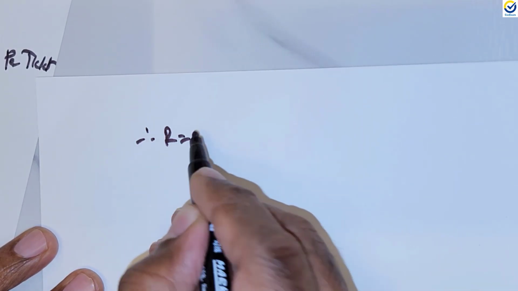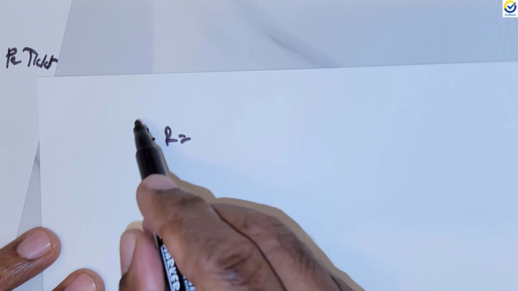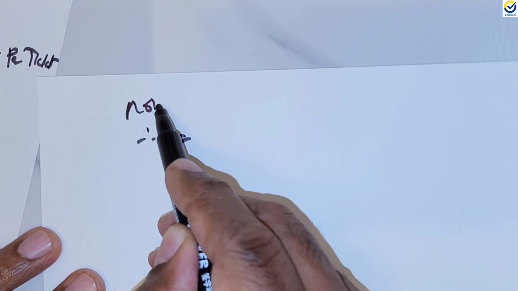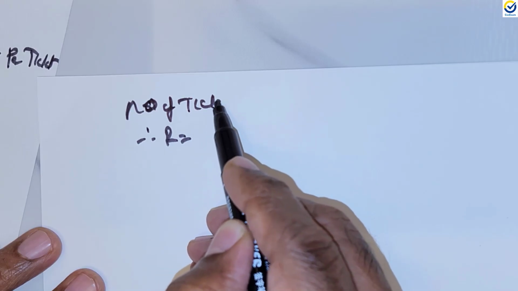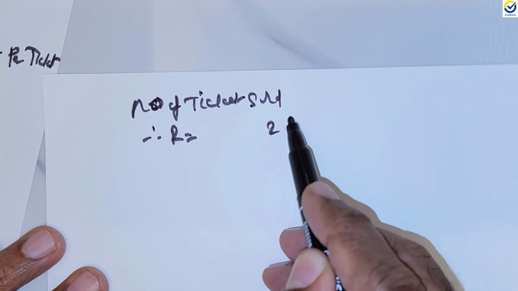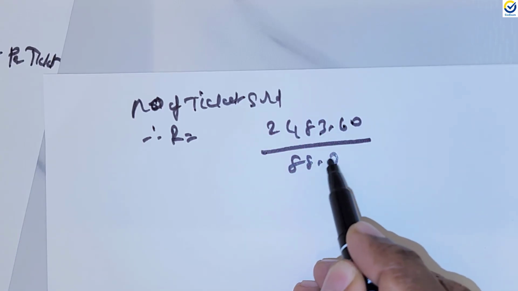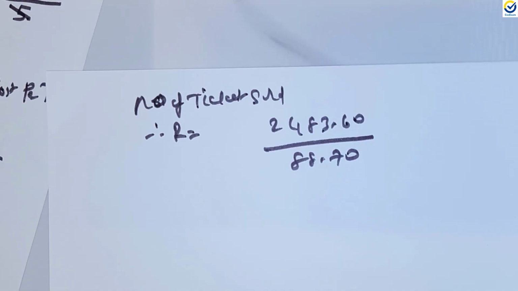Okay, so to get the value of R, therefore R is actually number of tickets sold, right? R, the number of tickets sold, is equal to 2483.60 divided by 88.70. I'm going to use the calculator.